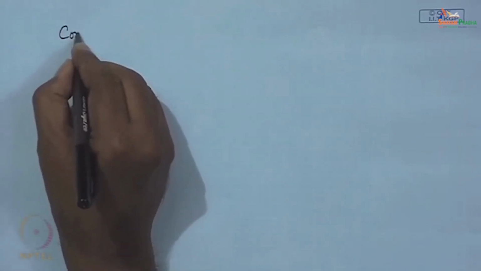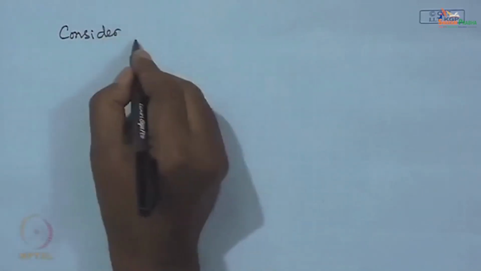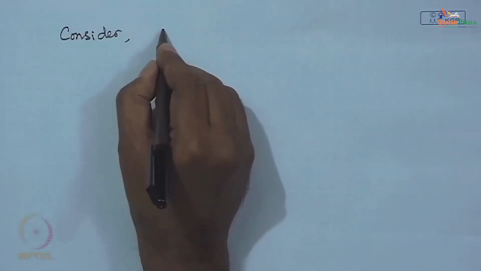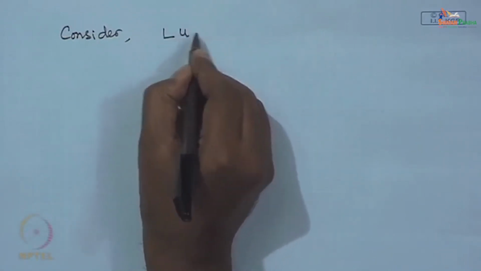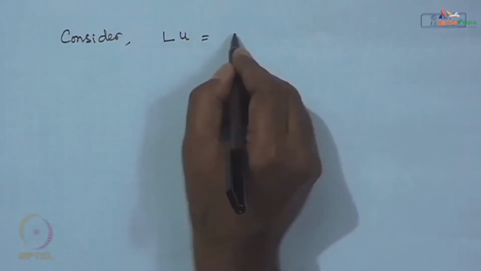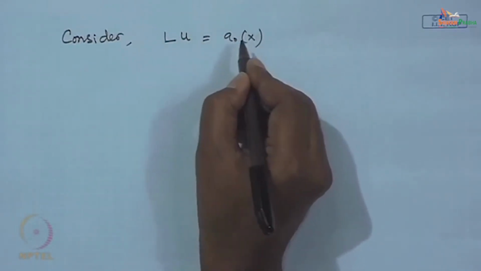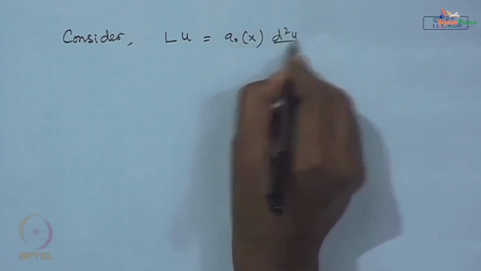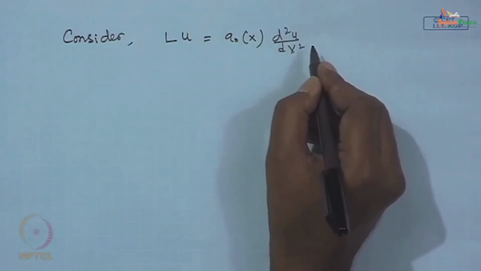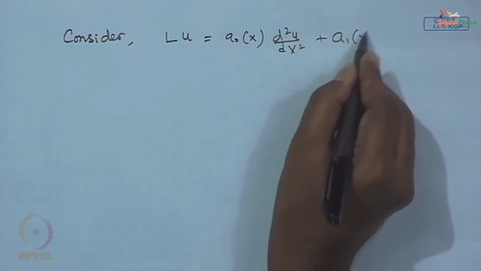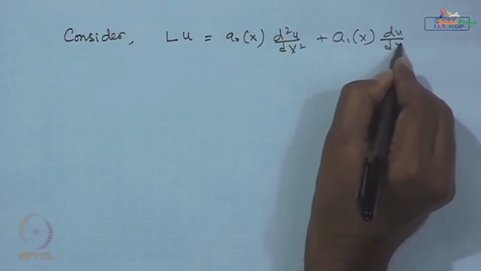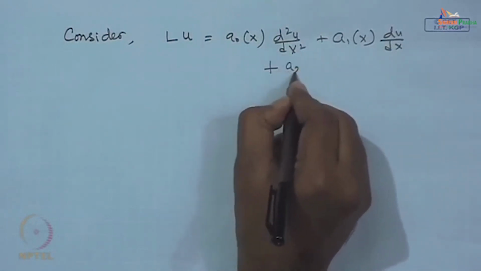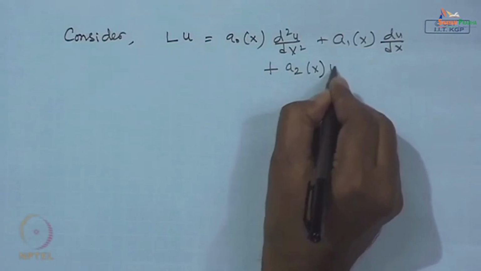For that, we consider the operator L. L u is equal to a 0 of x d square u d x square plus a 1 of x d u d x plus a 2 of x u.